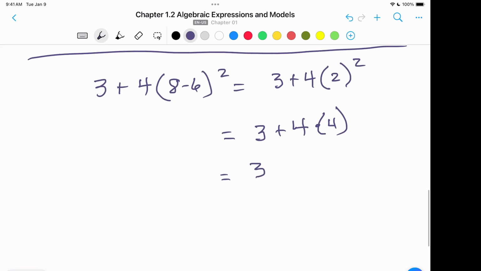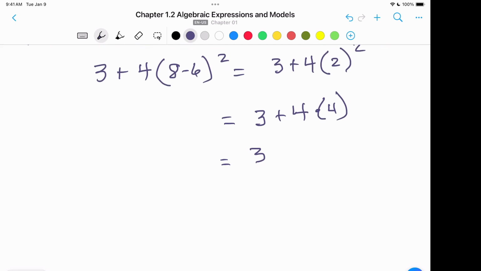So this multiplication is going to be plus 16, and that one's easy. Now you're going to go left to right again with your addition, and that's going to be 19. And that's your answer.